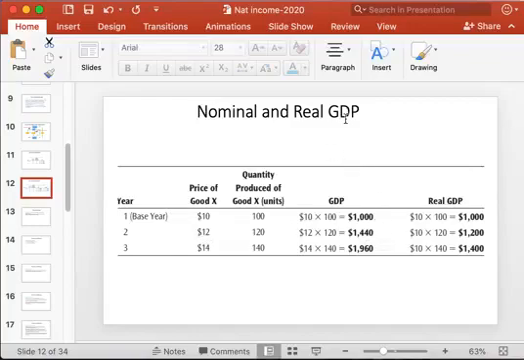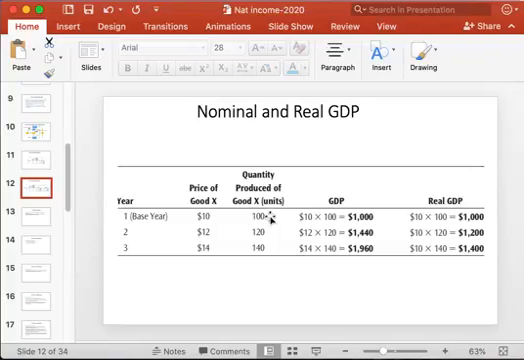So real GDP actually gives a better picture of the change in the GDP. Because the change in GDP is solely because of the change in the quantity of goods and services produced within an economy over a period of time.